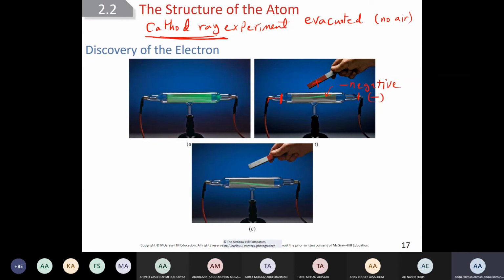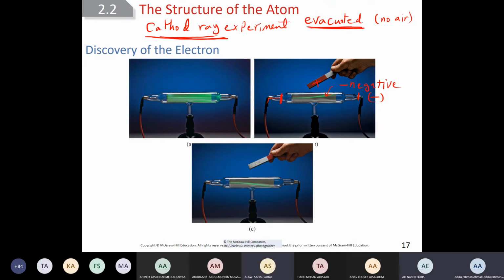Cathode ray experiment. Who did this experiment? J.J. Thomson. Memorize these things. J. Thomson or J.J. Thomson or Thomson. Thomson is good enough. What did he do? He put a tube which was evacuated. What does evacuated mean?